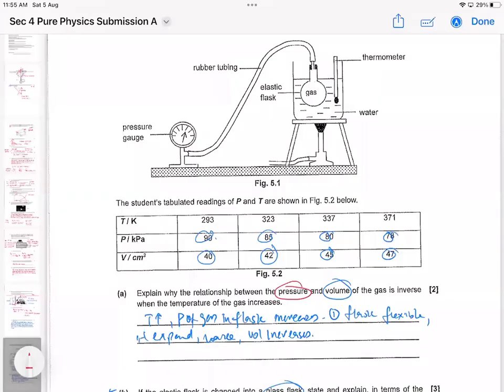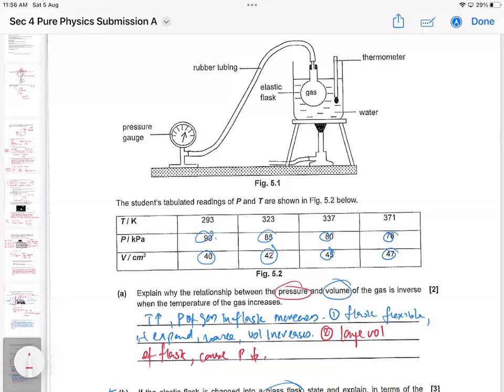So after we mentioned that temperature rise, pressure rise, the flask actually expands and the volume increases. So now the concept is that because of the larger volume of the flask, this will actually cause the pressure to fall.